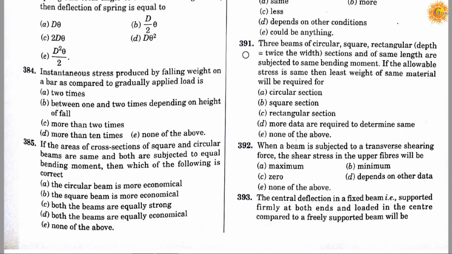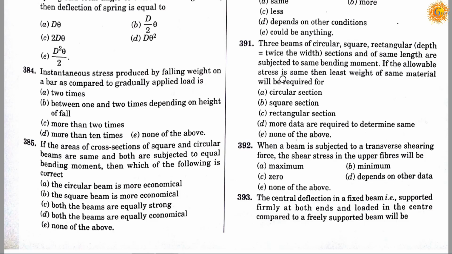Question number 391. Three beams of circular, square, and rectangular section, where depth is equal to twice the width, and of the same length, are subjected to the same bending moment.